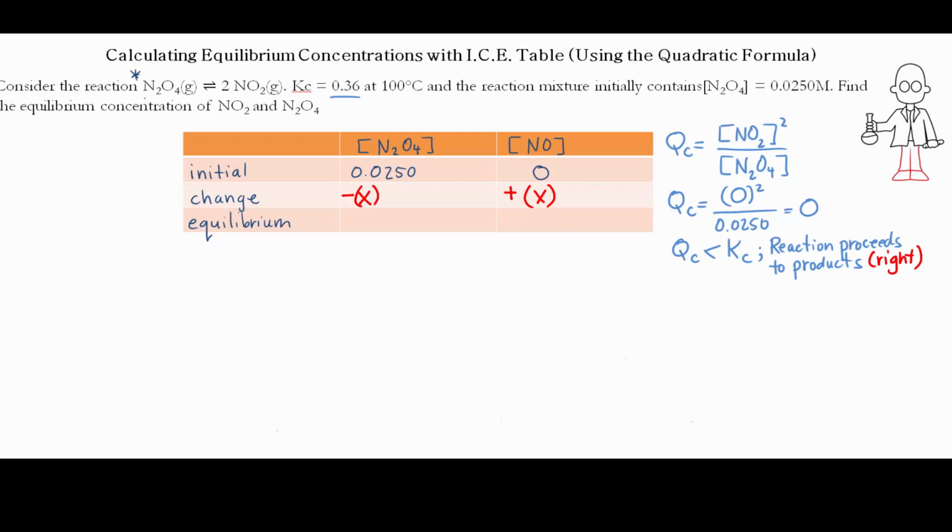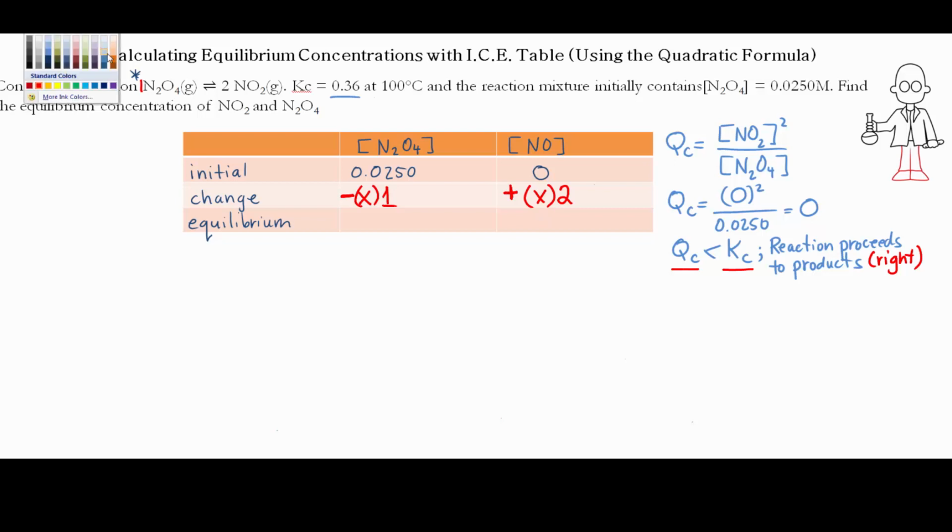So our stoichiometric coefficient for N2O4 is 1. Our stoichiometric coefficient for NO2 is 2. So when QC is less than KC, we know we're going to lose reactants and gain products.